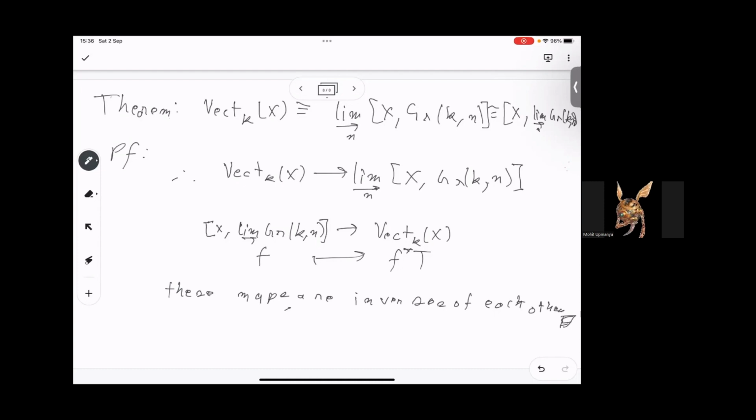For the other side, all you need to say is that this map from Vect(X) to the direct limit must be surjective, that every vector bundle does give a map. That's all we need to check. We have this composite is identity, so this map is surjective.